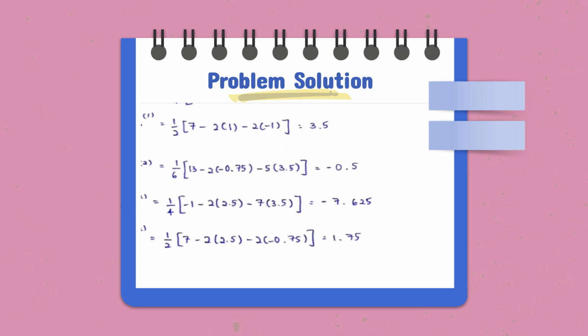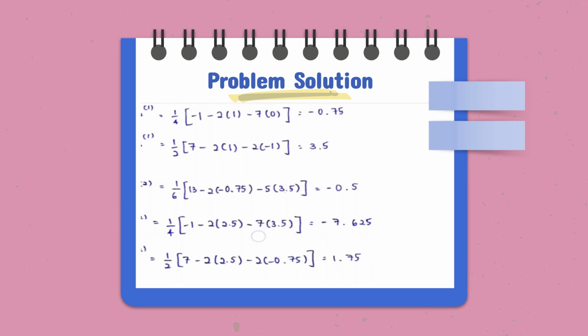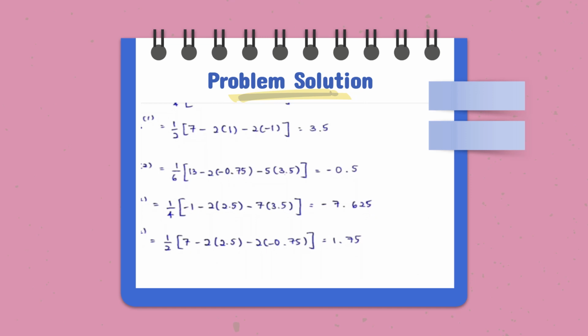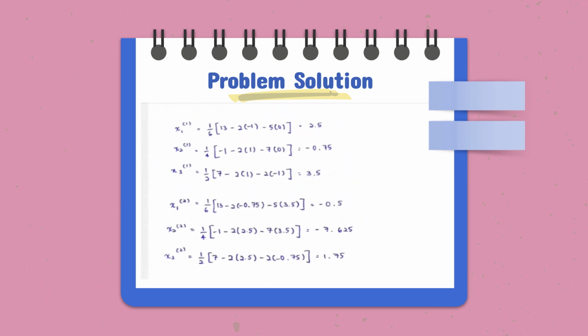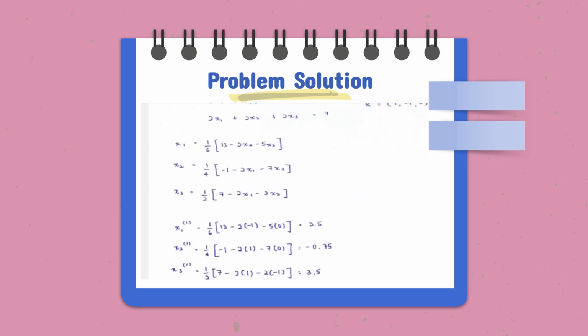Therefore, x1 in the second iteration will be -0.5. We do the same with x2 in the second iteration and x3 in the second iteration. Therefore, the answers for x2 and x3 will be -7.625 and 1.75.